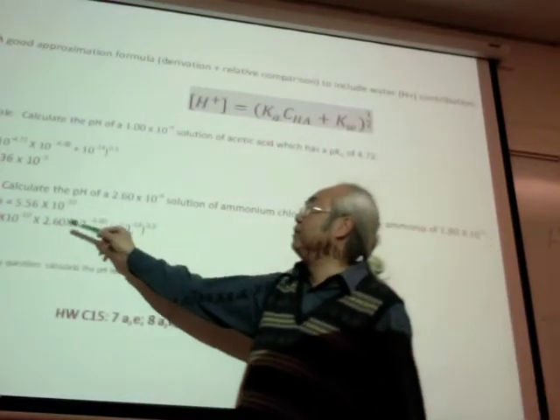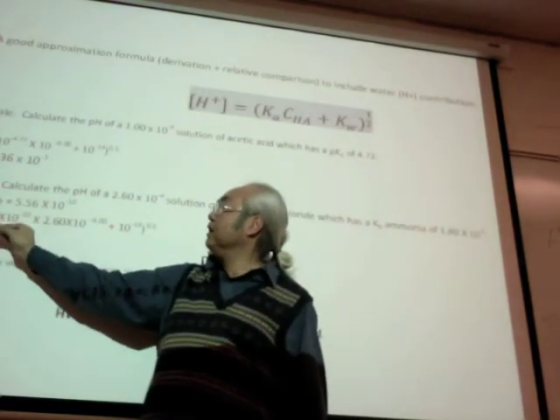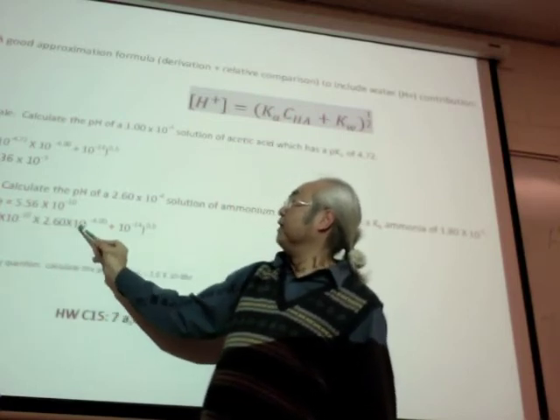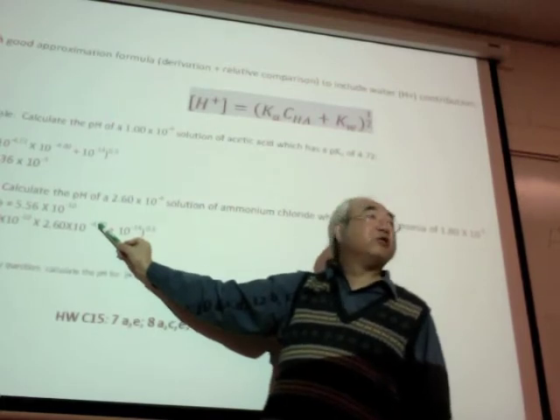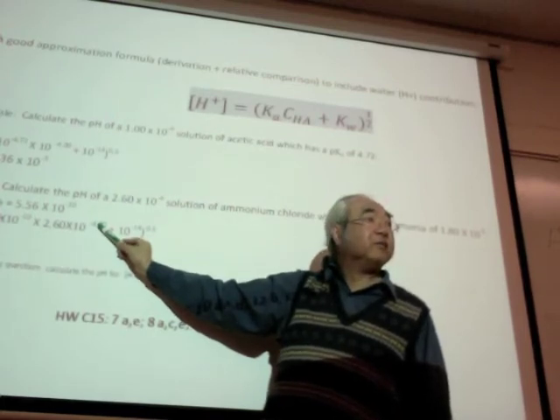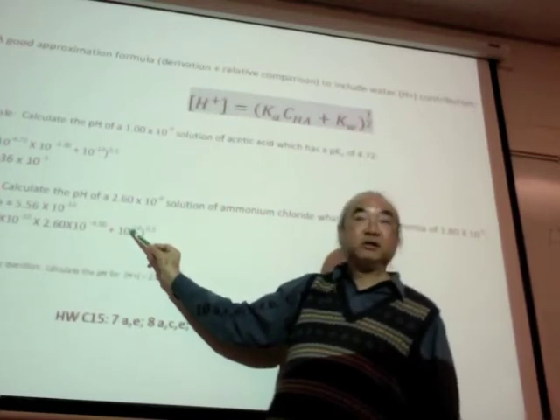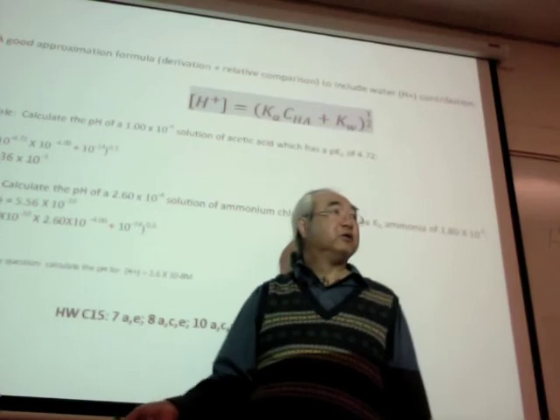So now you use this approximation formula. Notice, Ka multiplied by the concentration, now you get the magnitude 10 to the minus 14. You must include this 10 to the minus 14 for water and take the square root.